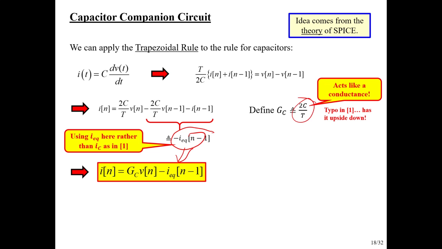I replace this by GC, and I now have an equation here that links three things. I of n, that's actually the current through the capacitor. V of n, that's the voltage across the capacitor, and some auxiliary thing. Yeah, see, I should have called it I sub AUX, or maybe I sub A.